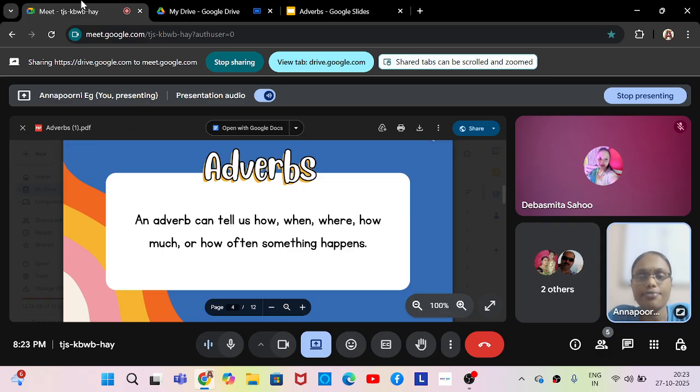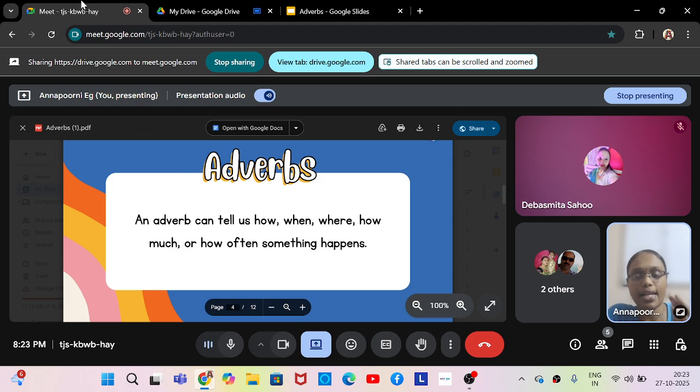And adverbs like here, there, near, far, farther, nearer, between, behind, beside, or I can say adjacent, closer. All these are called adverbs of location or adverbs of place.